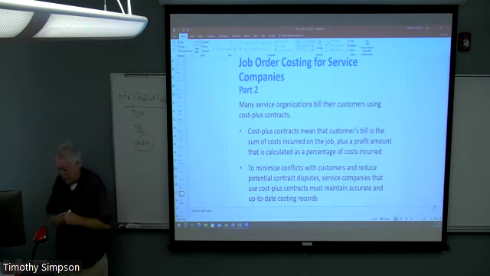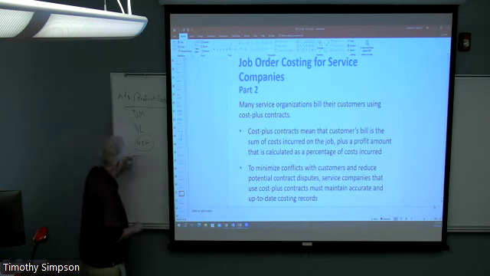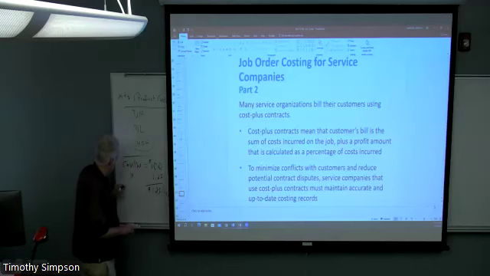So if, for instance, it might be based upon something like a cost per hour, maybe we're saying the cost is $100 per hour. We've agreed on that. And we've also agreed that it's going to be at a 25% markup. So as a result, the price is $125 per hour.